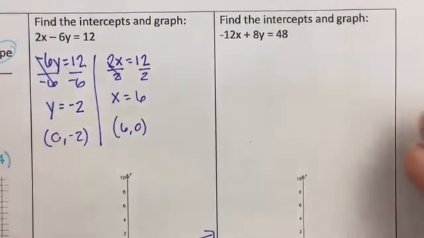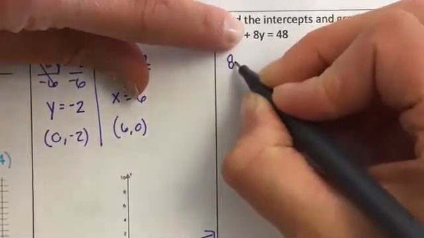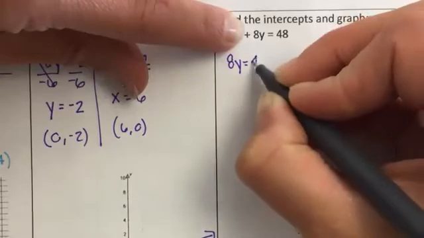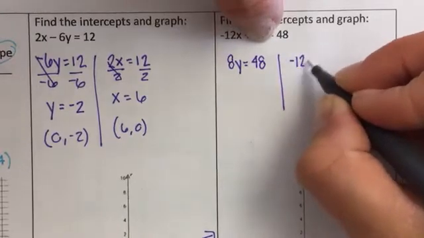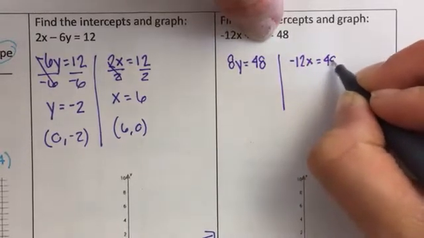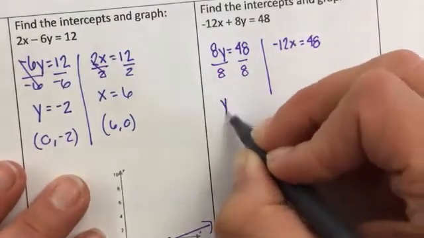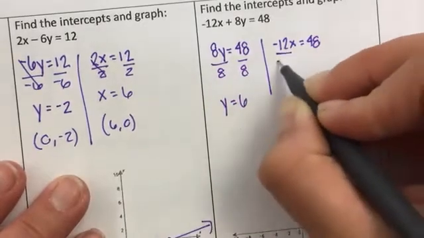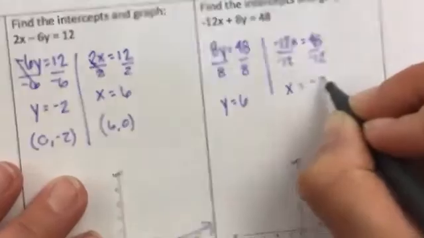Okay, the next one, I have 8y equals 48. And then if I cover up the y, I have -12x equals 48. Divide both sides. So y equals 6. x equals -4.